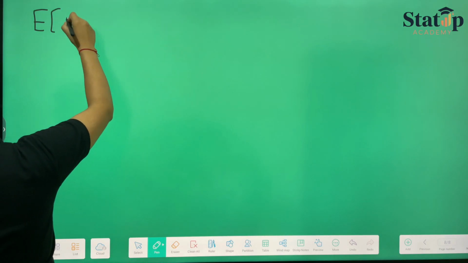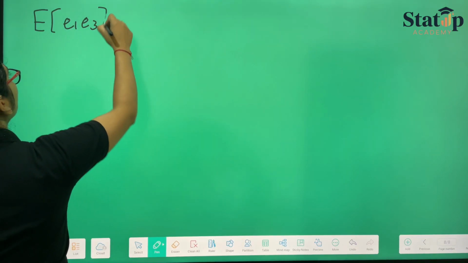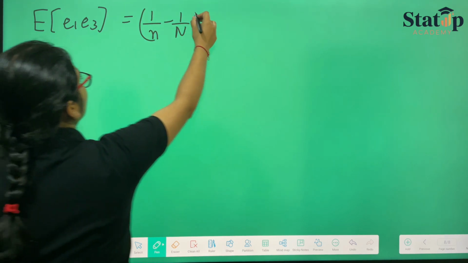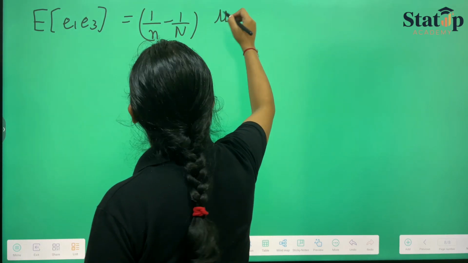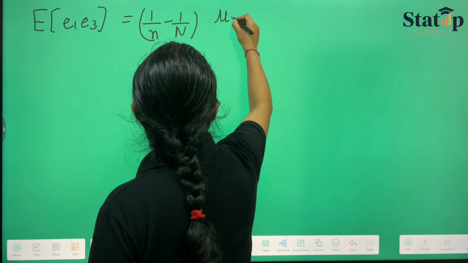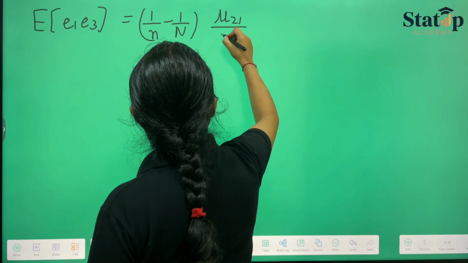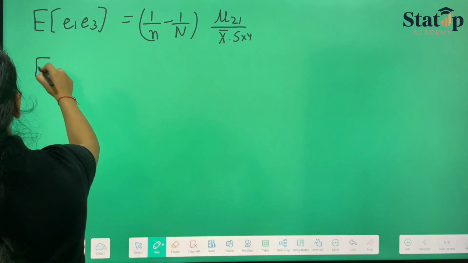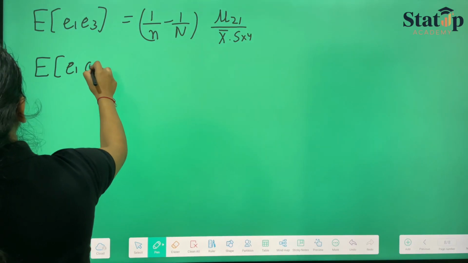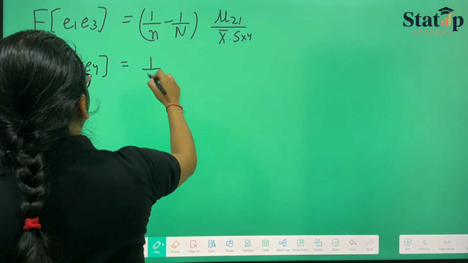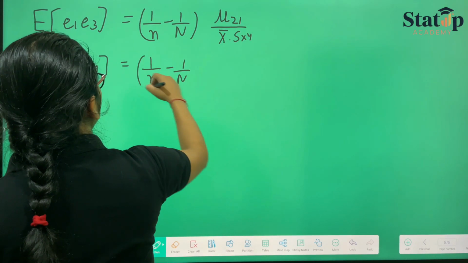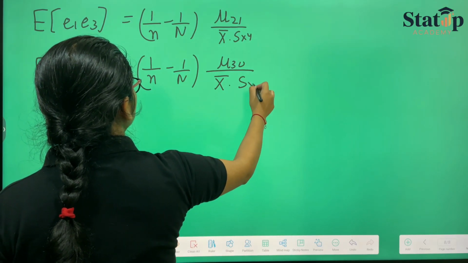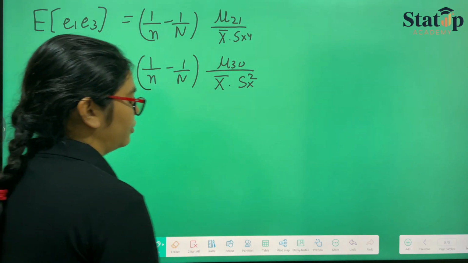The expectation of e1 e3 would be 1 upon n minus 1 upon capital N mu 21 upon x bar into sxy. And the expectation of e1 e4 would be 1 upon n minus 1 upon capital N into mu 30 upon x bar into sx square. These are the four values.